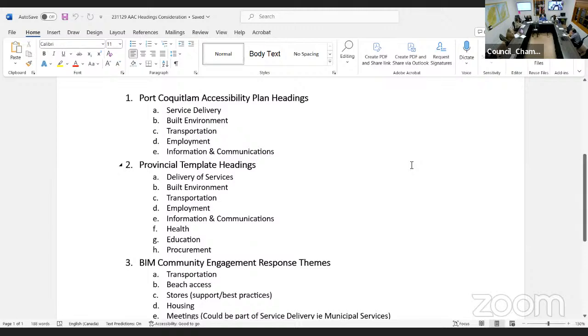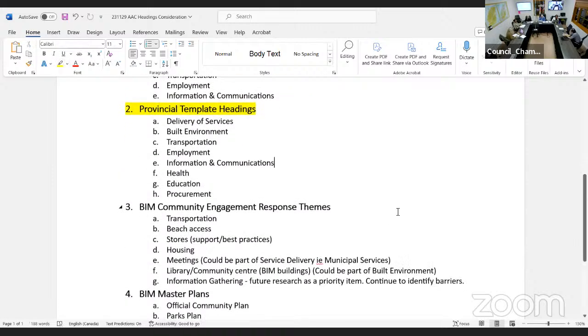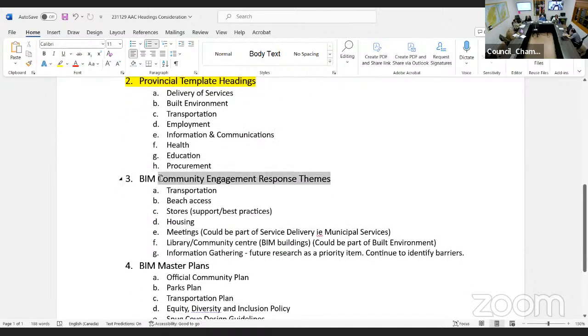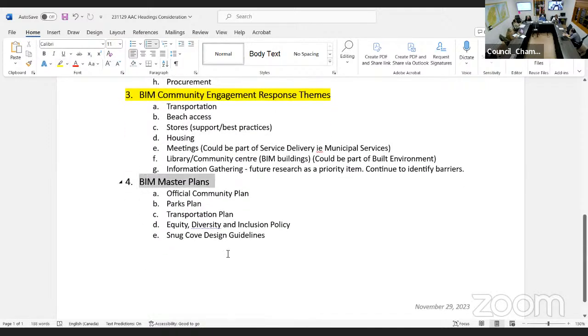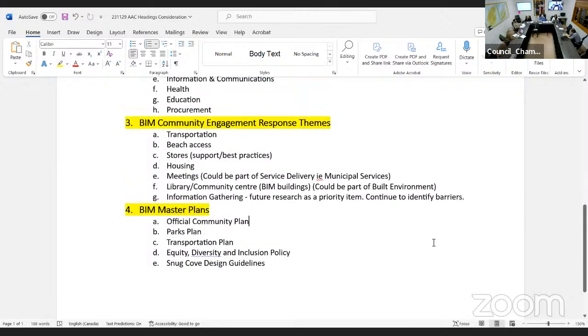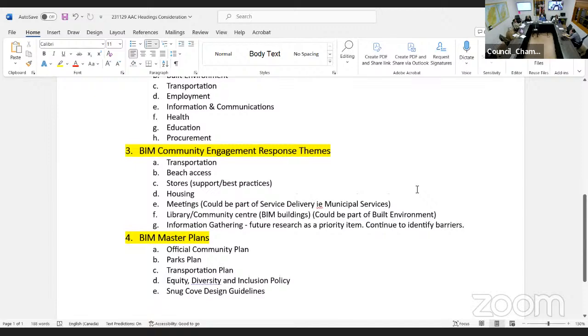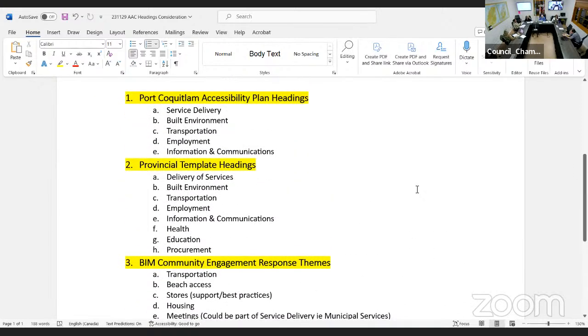We have the example of Port Coquitlam that Daniel shared within the last week or so. There's a list of documents we just looked at, which itself kind of gives us some hints about possible headings. And we had the themes from community engagement. So Steph has organized the different sources that we could look at, just for examples, and what the headings are.